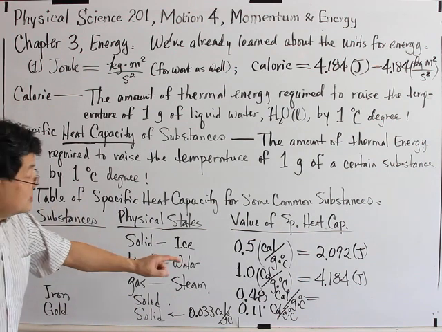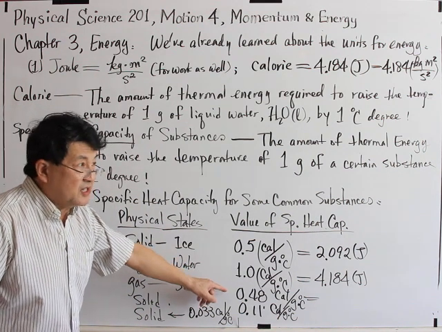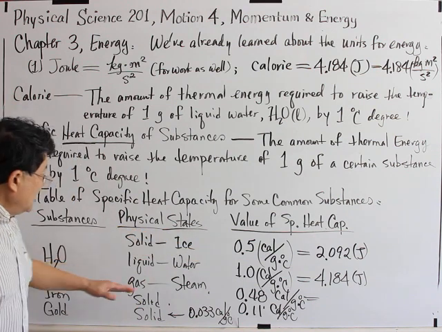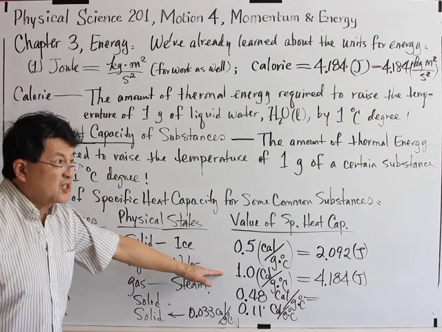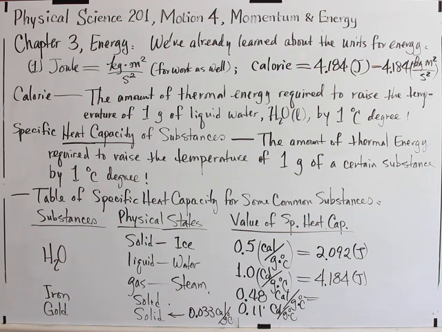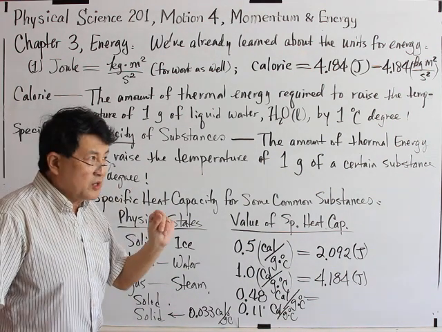The steam has the lowest specific heat capacity, and the solid ice has slightly higher. The water has almost twice of both of them, right? And the value of the heat involved in calorie to be able to raise 1 gram of each by 1 Celsius degree, all right?